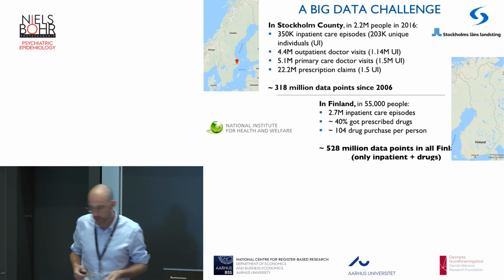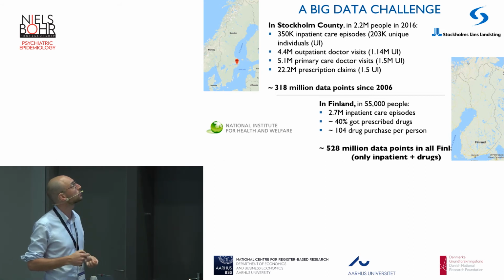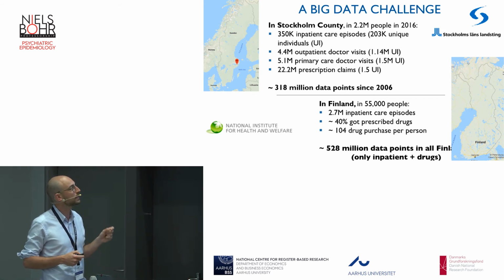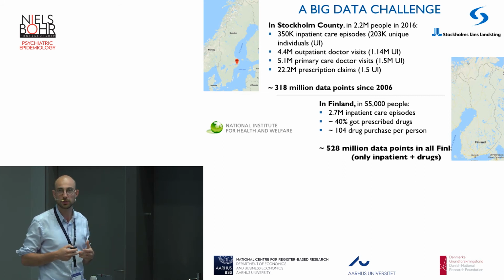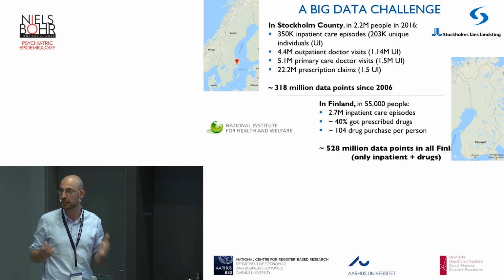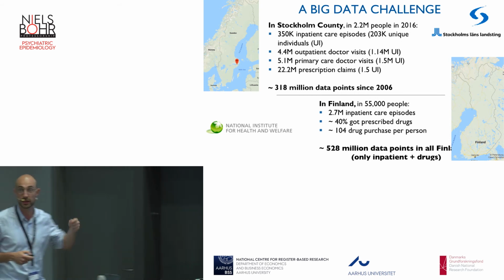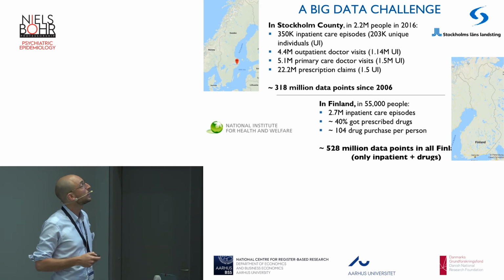So this is a data set that we've been working on, and are applying to get, and I just want to give you a sense of how large these data are. A lot of people think of genetics as the big data word, but it's really epidemiology, because any of these registries contain more variants than are in the gnomAD database, okay?